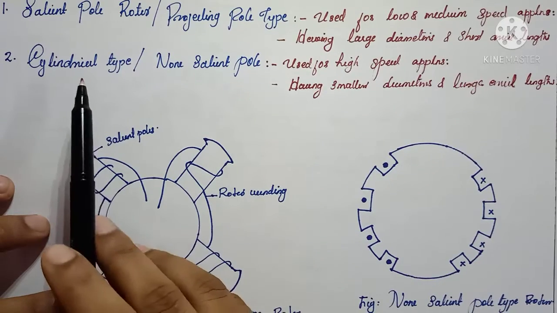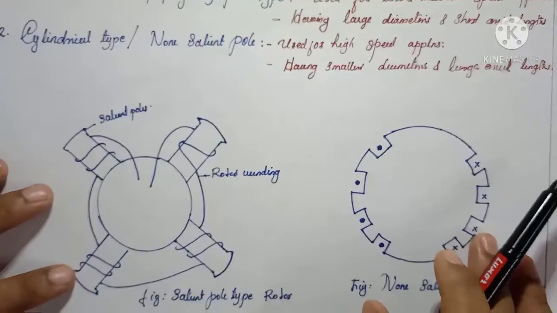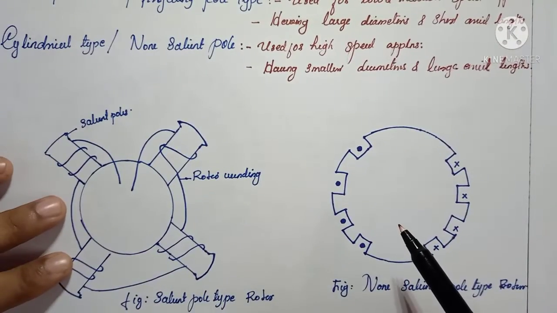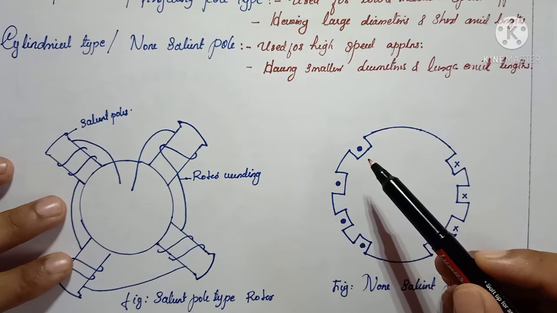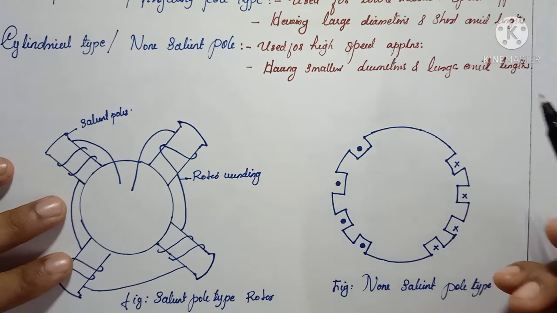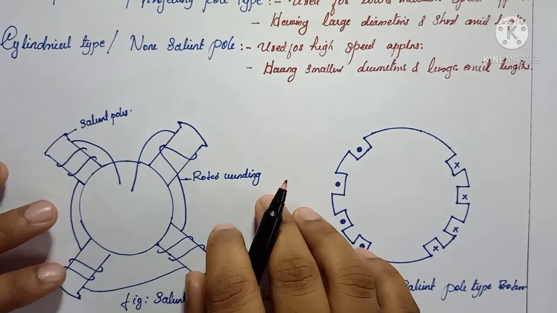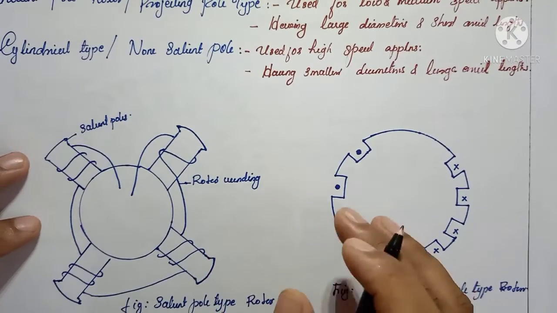For cylindrical type or smooth cylindrical type or non-salient pole type, as we can see in the second figure, they have a smaller diameter and large axial lengths. Due to these constructional features, they are used for high speed applications. Okay, high speed applications means they can be used for atomic power plants, nuclear power plants, or thermal power plants.